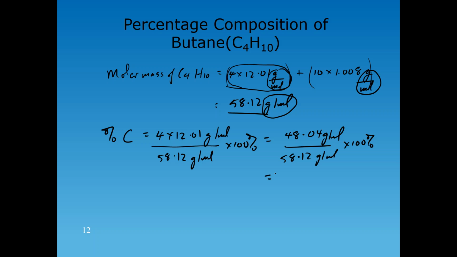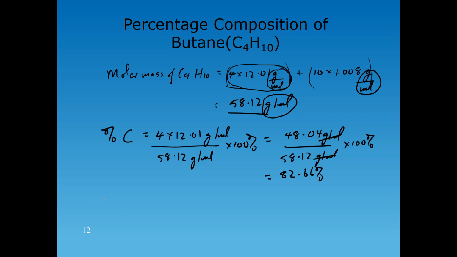So let me do that calculation here. 48.04 divided by 58.12 and times 100%. And according to my calculations, when rounded off to 4 sig figs, that would be equal to 82.66. So the answer here is 82.66% because the grams per mole units will cancel out here and here.